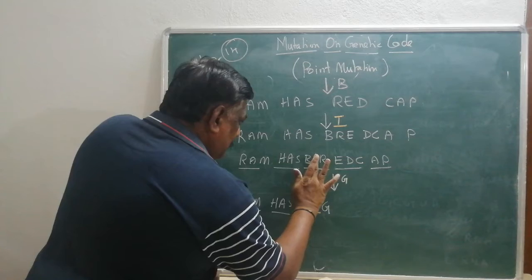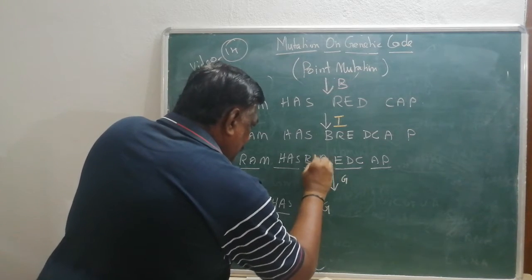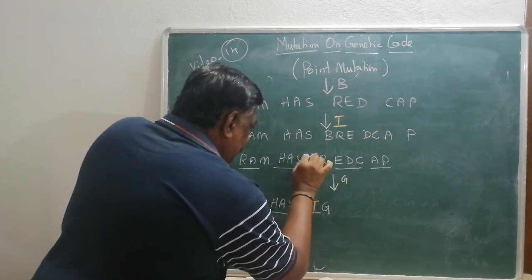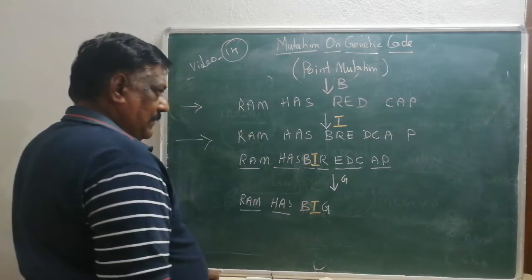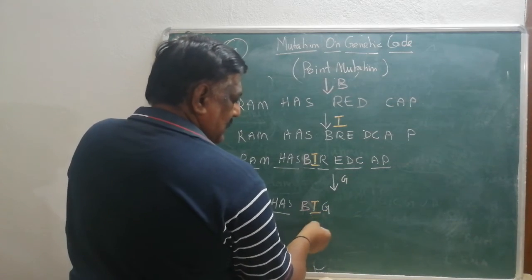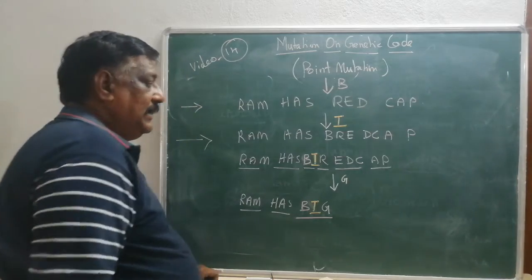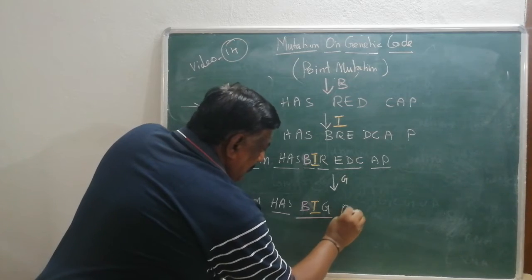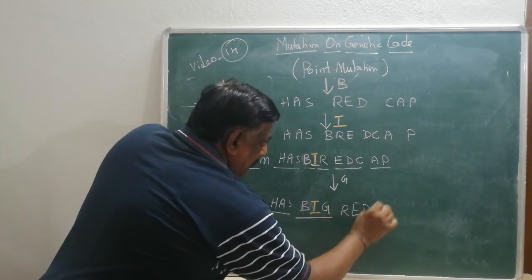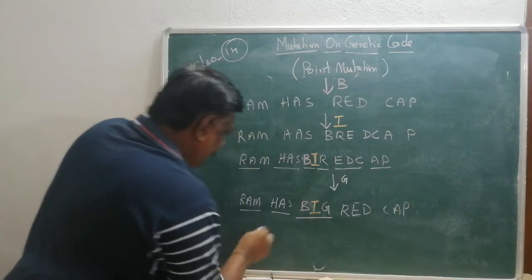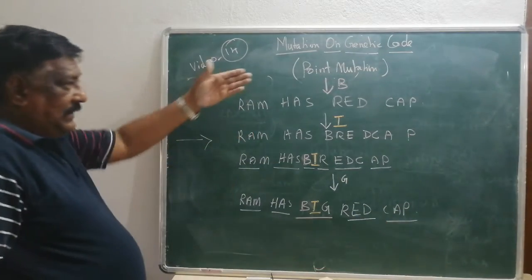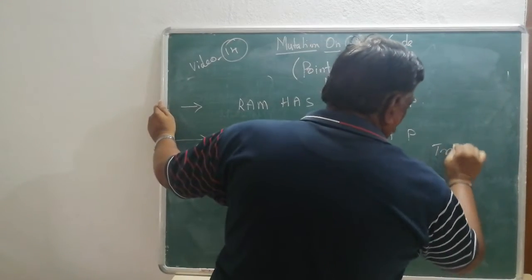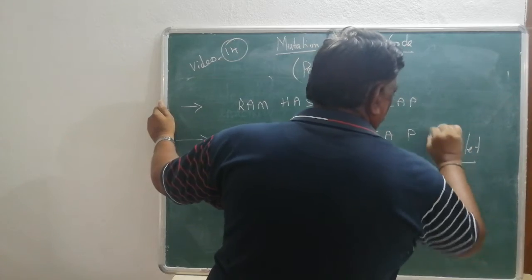Here also I will write I. The B is already in pink color, we will use that B. Now what happened? The G has come and it becomes completely BIG. Then you read R E D. Now you see what happened. Three times the nitrogen bases are changed. That is a triplet. The code is always a triplet code.